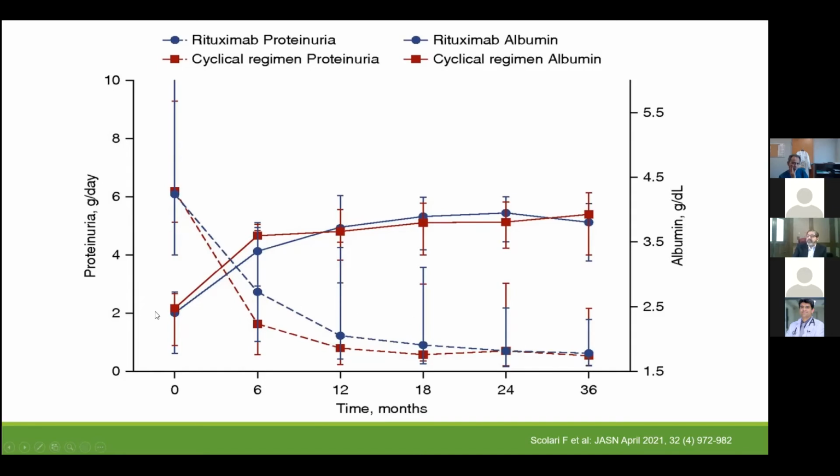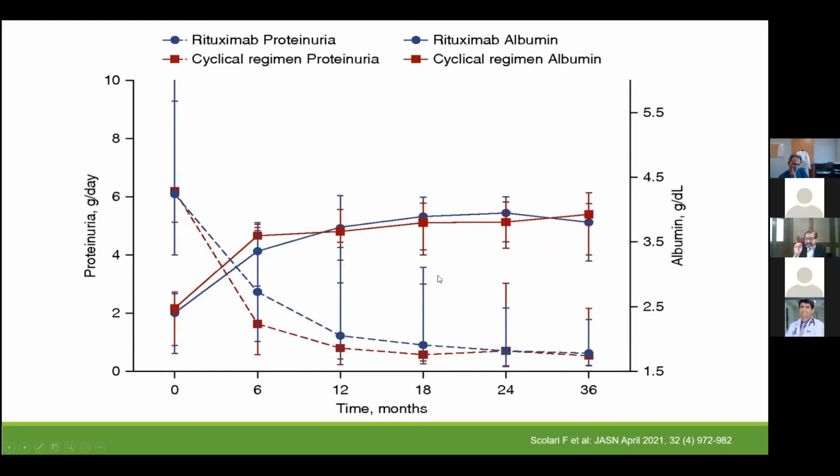Similarly, albumin starts going up a little bit faster in the Ponticelli arm, the cyclical arm, but then eventually at about 12 months, rituximab catches up, and then things are about the same. So again and again, what we are seeing here is that Ponticelli works a little bit faster, but eventually rituximab catches up.